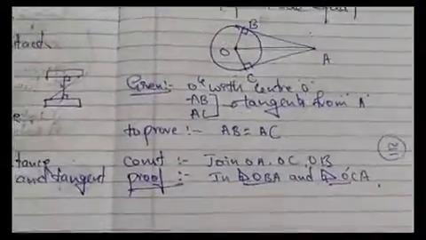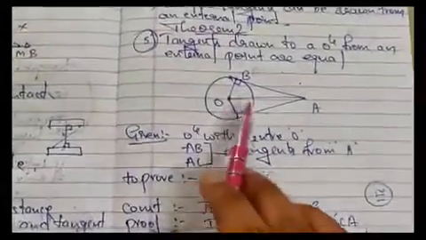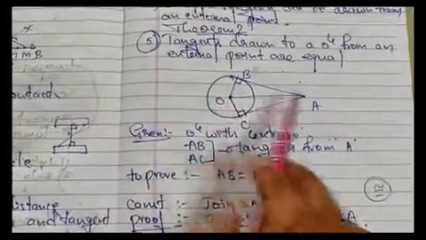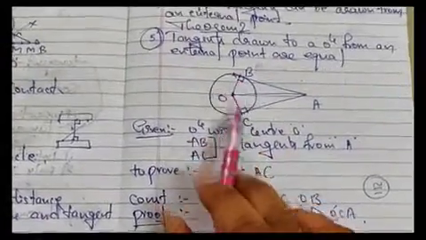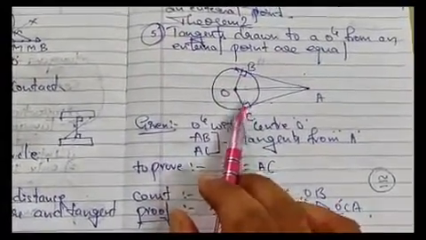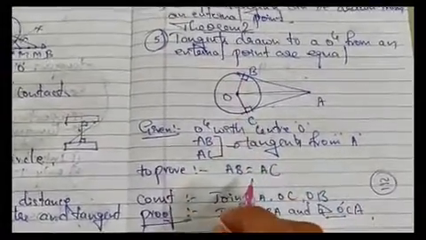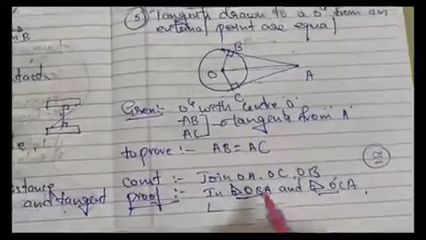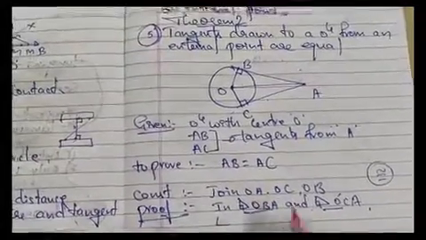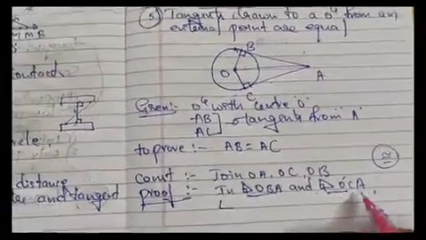This is the sign of congruency. How will we prove it? Is anything common in these two triangles? Yes, OA is common to both the triangles. Then OB and OC are the radii of the same circle, and these two are right angles. So first, whatever I write on the LHS will be of triangle OBA, and whatever I write on the RHS will be of triangle OCA.